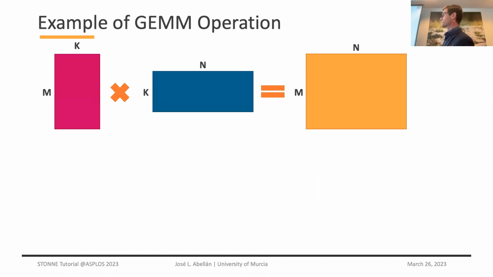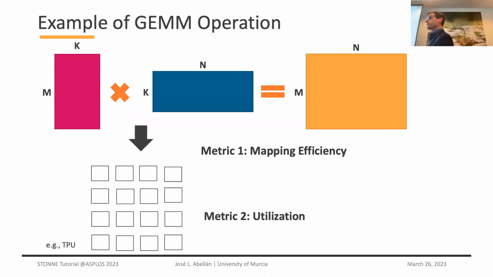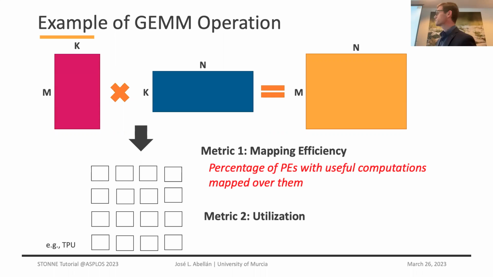It is defined with two different matrices: matrix A of size MK and matrix B of size KN, which can be inputs, weights, etc., to produce an output. And then we have the accelerator substrate, for example, a TPU like this. We need to first define what mapping efficiency is. Mapping efficiency is basically the percentage of PEs with useful computations. And the utilization is the mapping efficiency multiplied by the activity.